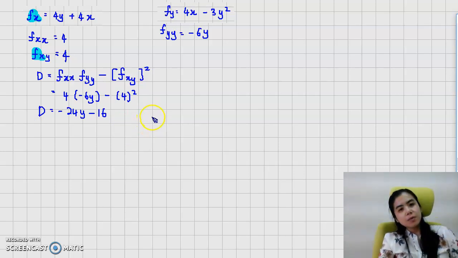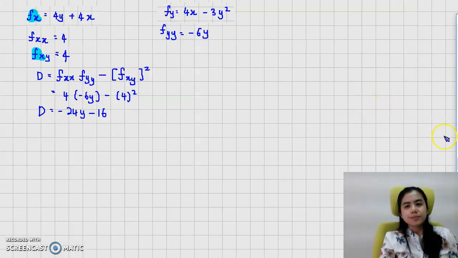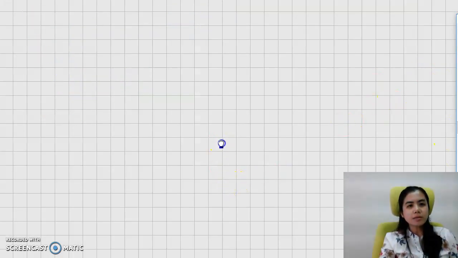Okay, after we have obtained the D equation, what is the next step? So the next step, they ask you to form the table to check the value. So you have to do a table. The first column consists of critical point, and then the D value, the fxx, and conclusion. Alright? Okay. So now form a table.